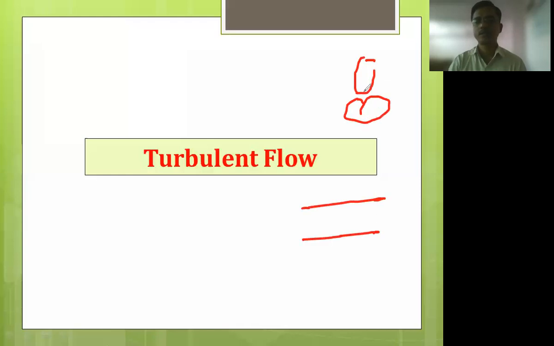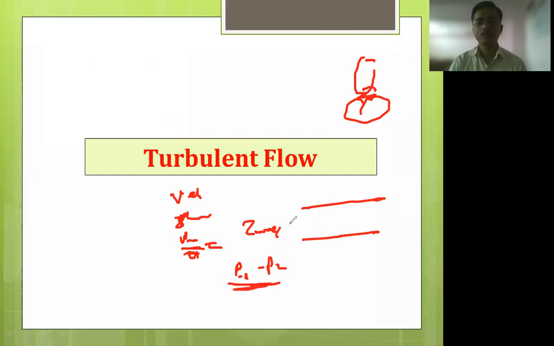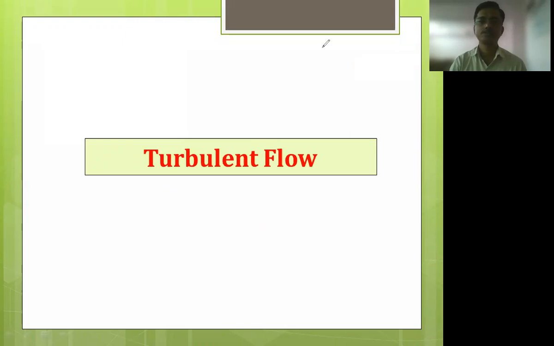We have seen the various formulas: velocity profile formula, shear stress formula, Vmax upon U average velocity formula, P1 minus P2 pressure difference formula, then tau max formula. We have derived these and solved problems based upon them. Now here we are going to study the turbulent flow.